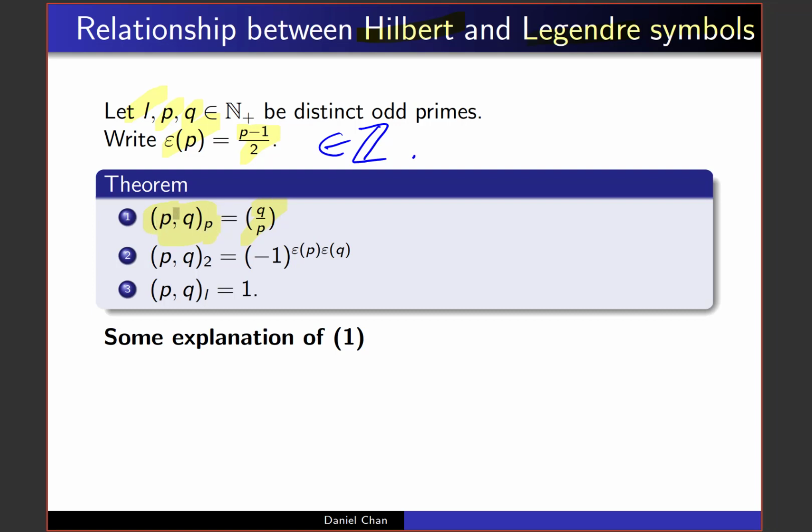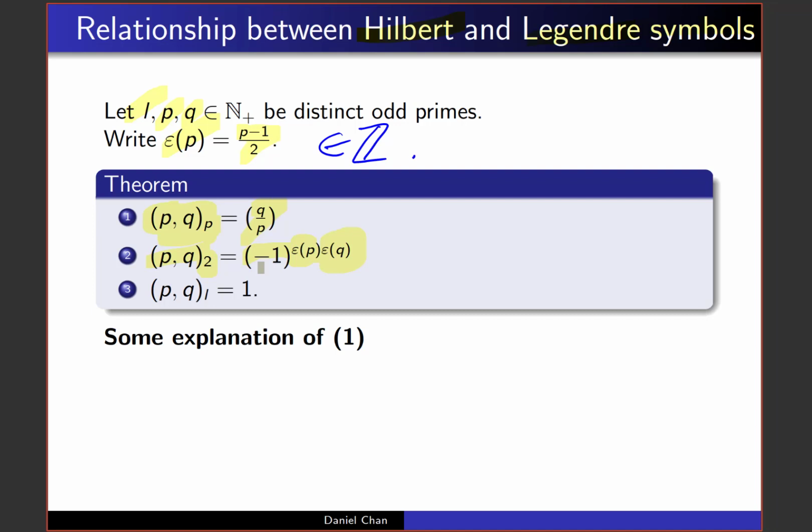So what about (P, Q) at 2? What happens if the prime here is the even prime 2? That's going to be plus or minus 1, and it's given by this nice little function of P and Q: minus 1 to the power of epsilon P times epsilon Q. And this is something that I hope you remember also occurs in Gauss's quadratic law of reciprocity.